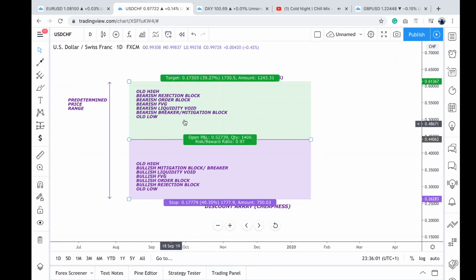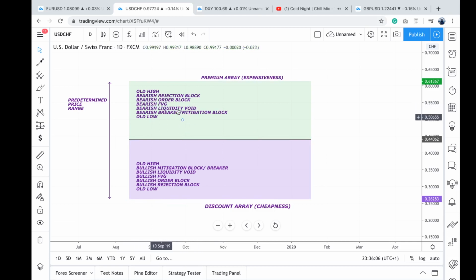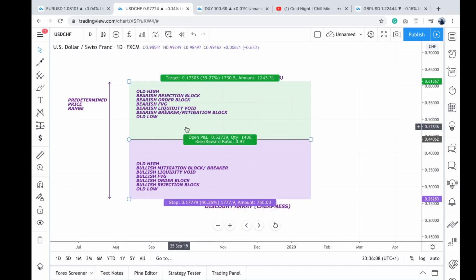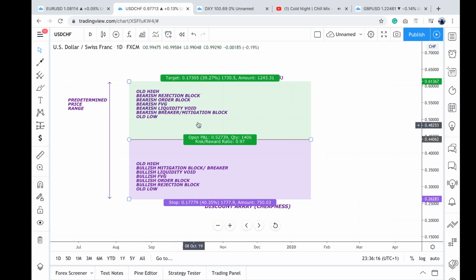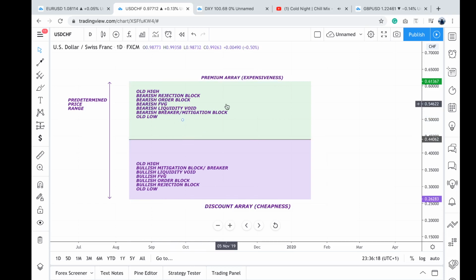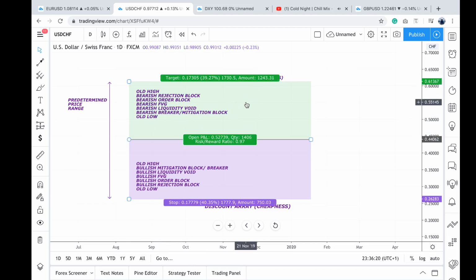So if you see that there's a bearish fair value gap, but there's no bearish liquidity void or bearish breaker slash mitigation block, and price has just traded past an old low, you can use this as a level to sell off, expecting the market to fill in that bearish fair value gap and make a potential reversal off that level, because that is where the central banks will look at price as expensive to sell.